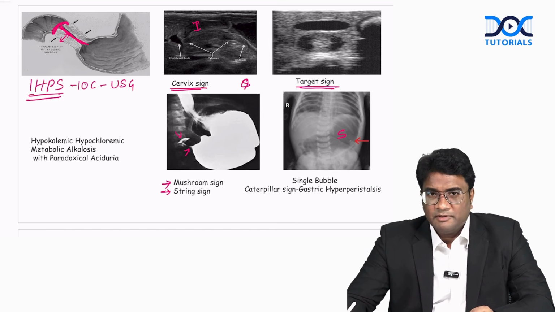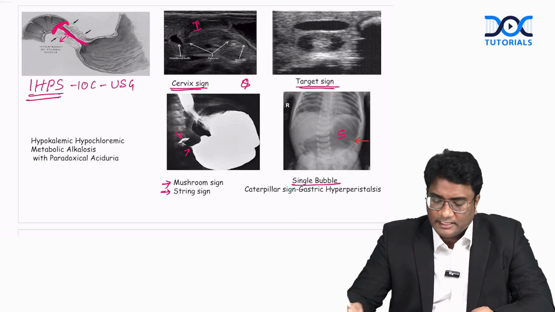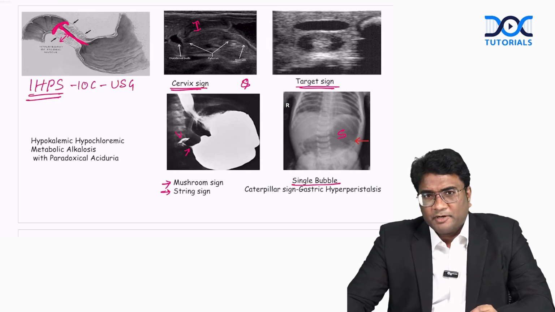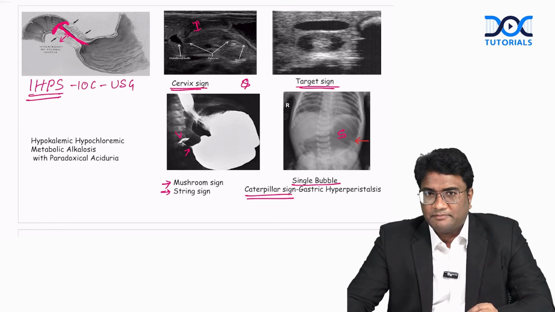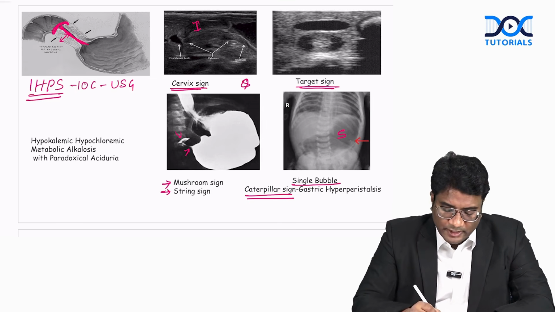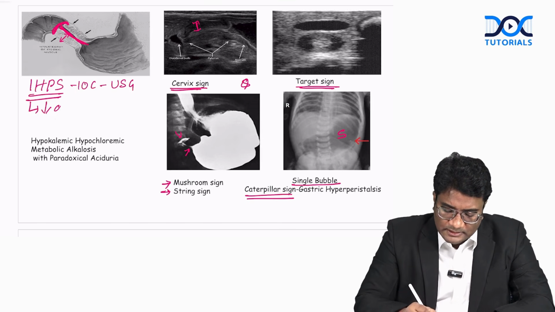There is gastric hyperperistalsis that is called a caterpillar sign, and there is repeated vomiting and decreased gastric residue.